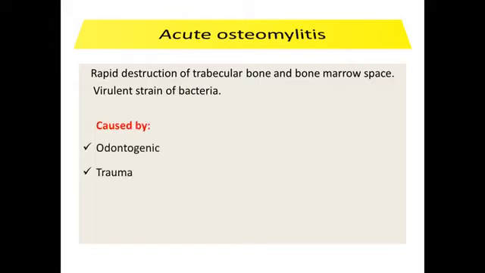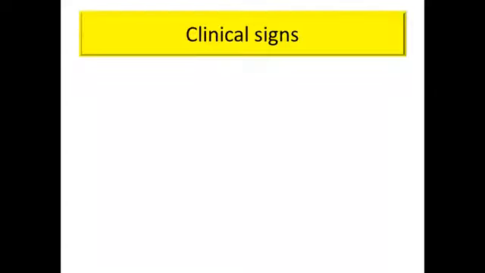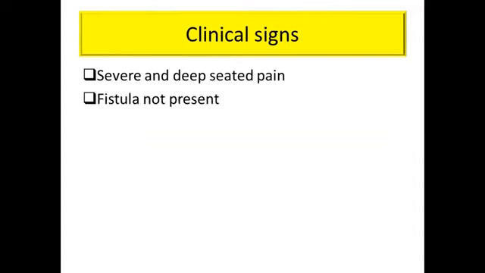Acute osteomyelitis, the main causes for it either odontogenic infection or trauma like jaw fracture. The main clinical signs for acute osteomyelitis: severe and deep-seated pain, fistulae not present.